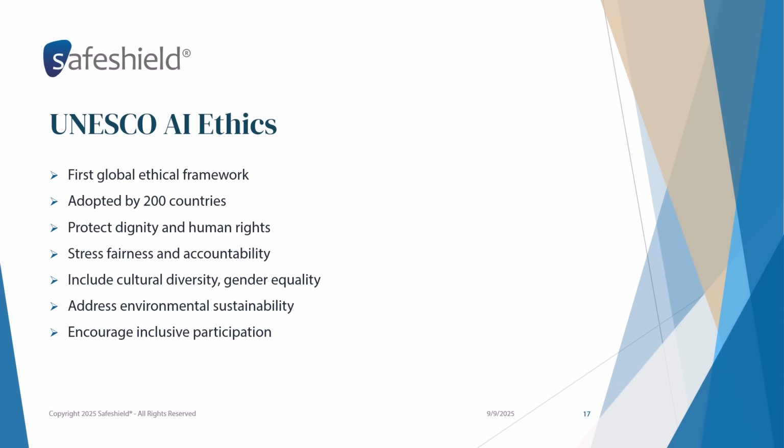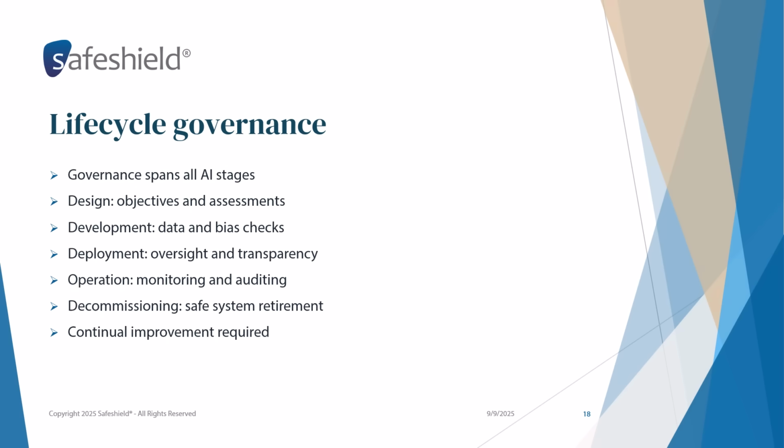While not legally binding, the UNESCO framework carries significant moral and political weight. Aligning with it demonstrates a commitment to ethical leadership on a global scale. The framework reinforces the idea that AI governance is inseparable from broader societal values and sustainable development goals.